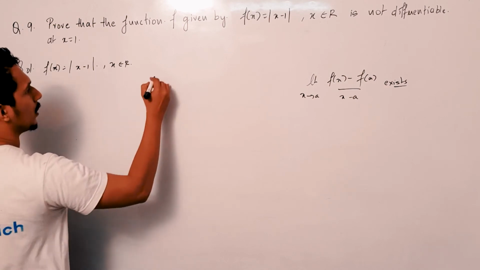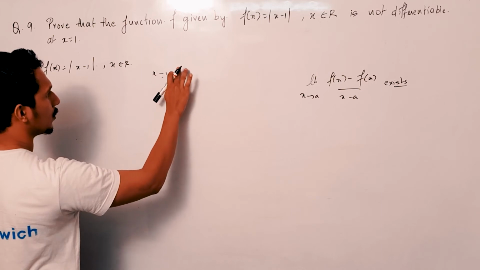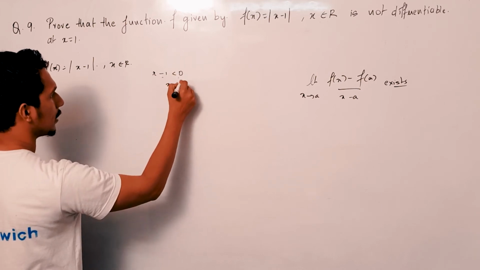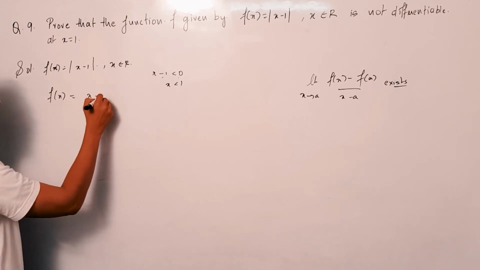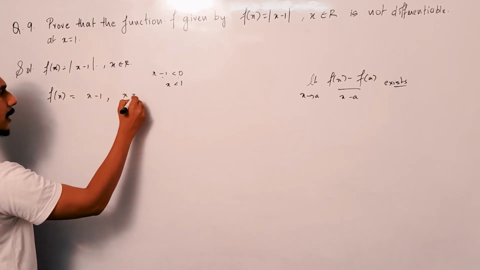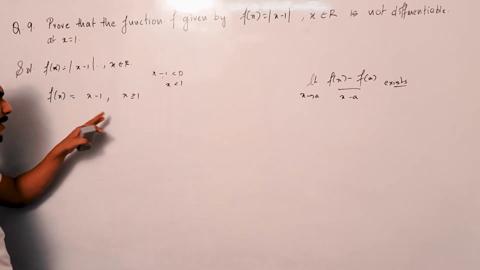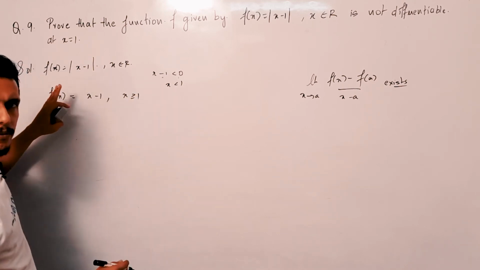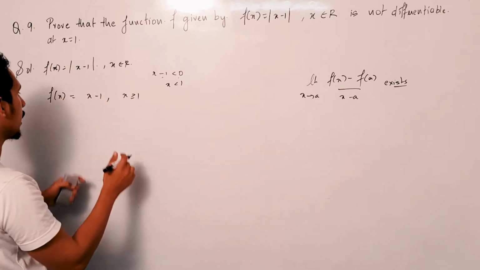Alright, so x minus 1 less than 0 means x less than 1. So f of x can be written as x minus 1 itself whenever x is greater than or equal to 1. Whenever x is greater than or equal to 1, there is nothing you have to worry about. Greater than 1 means this is always a positive number, so it will stay like this.